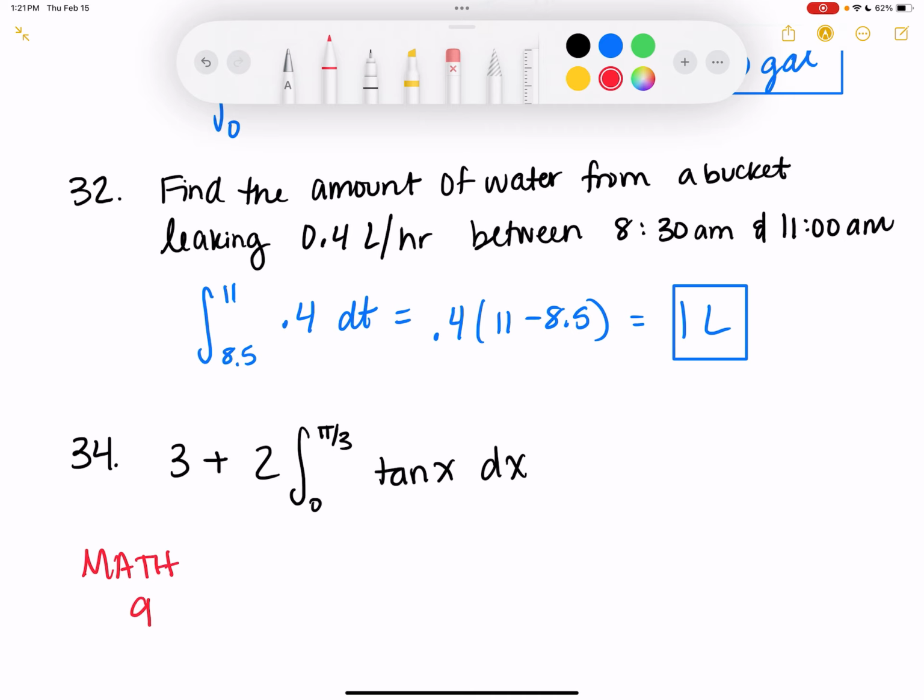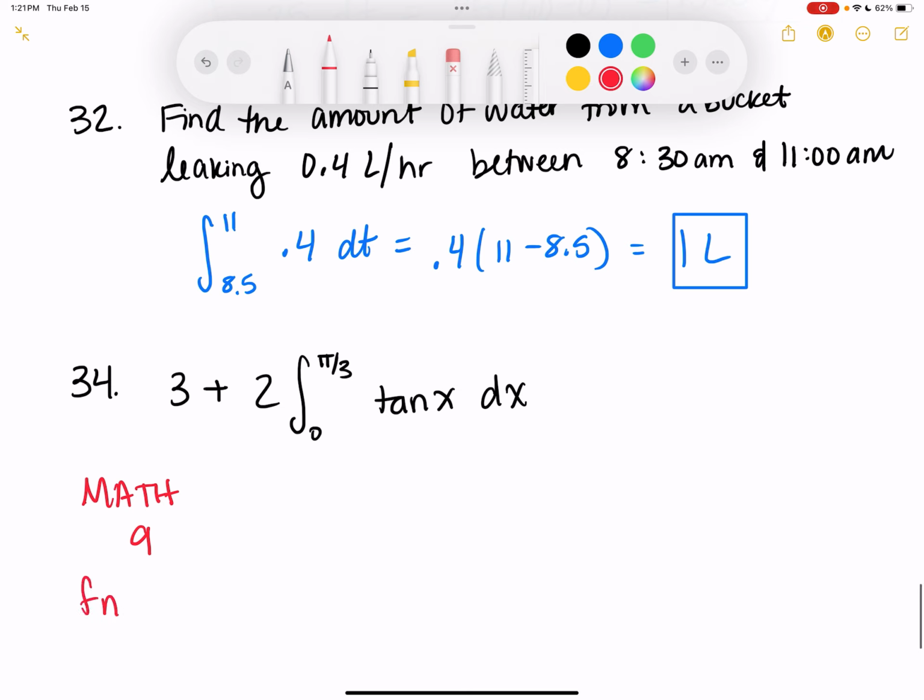I don't know what it is for you. Then math, FNINT. Now it brings up your integral so you can type the stuff in. So 0 to pi over 3.